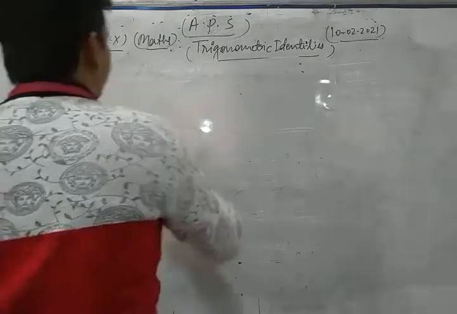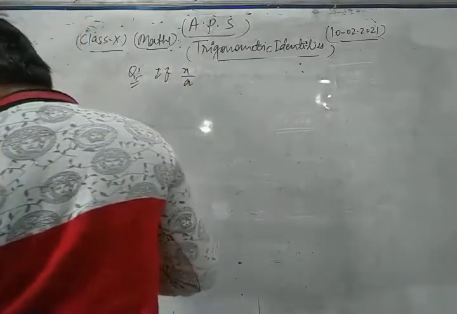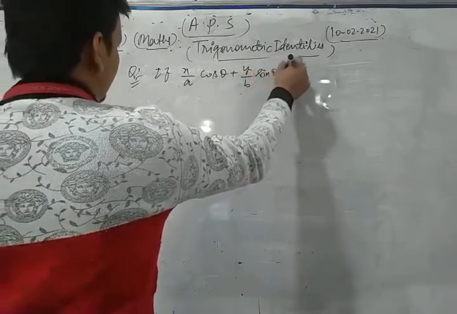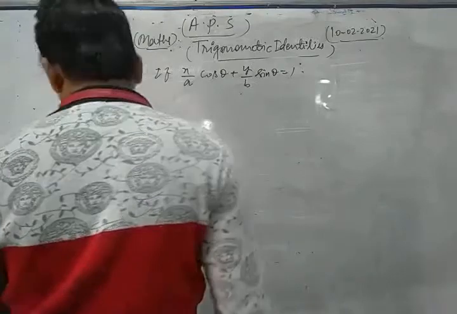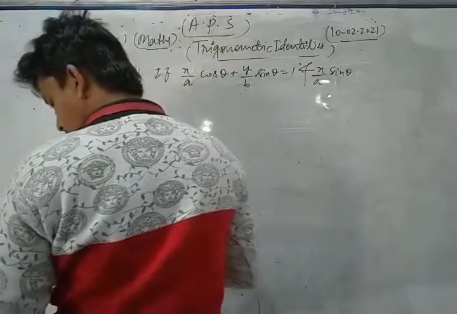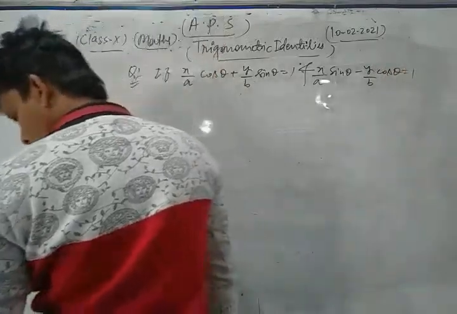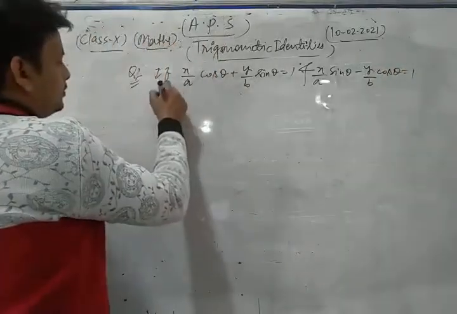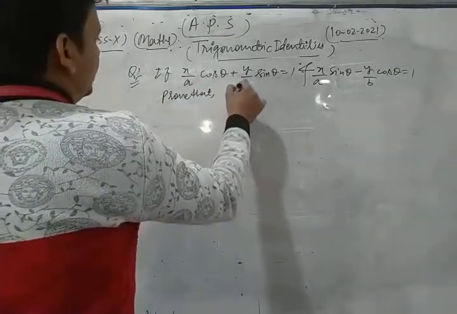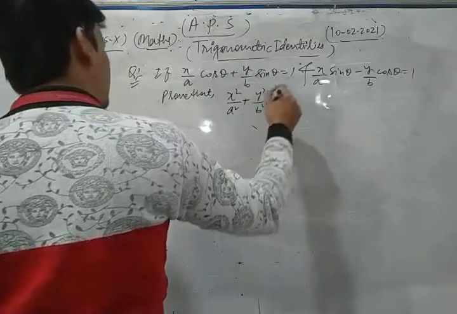If x upon a cos theta plus y upon b sin theta is equal to 1, and x upon a sin theta minus y upon b cos theta is equal to 1, prove that x square upon a square plus y square upon b square is equal to 2.